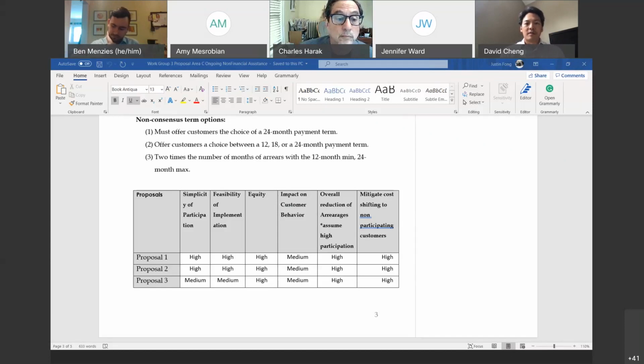So in terms of proposals that are for ongoing non-financial assistance, we realized going through that we had a lot of similarities in our proposals. So we opted to try to formulate a consensus proposal. And we were successful in agreeing upon many of the features, which are listed here as consensus features, which I can go over real quick.